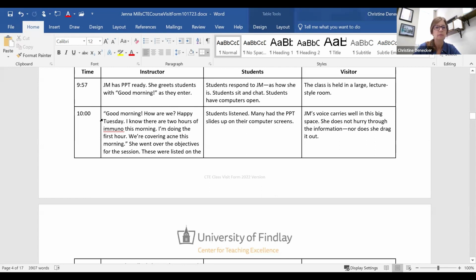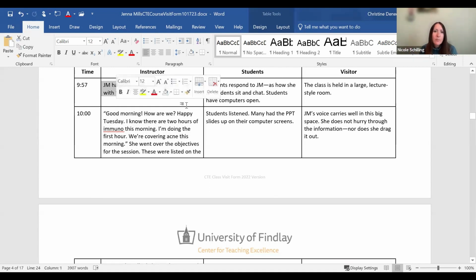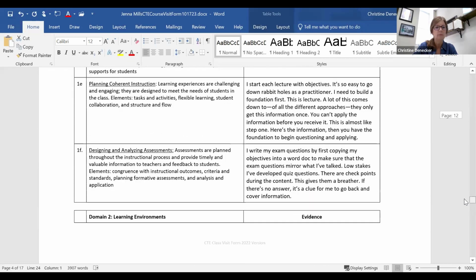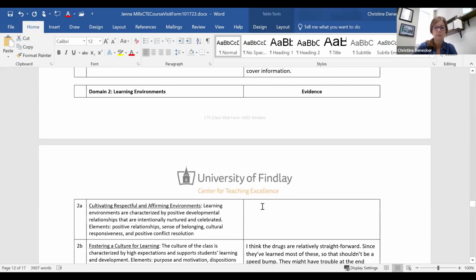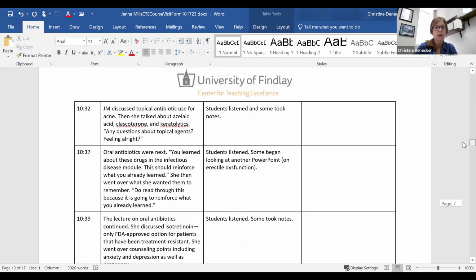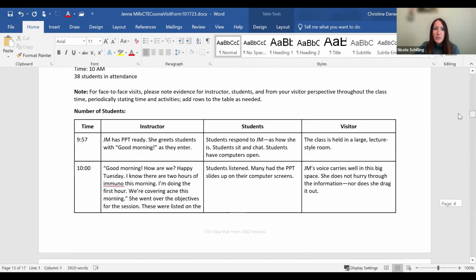Those are both examples of cultivating an affirming, welcoming sense of belonging. Okay, so I'm going to go down to 2A. It seems like a little thing, but it means a lot. It builds positive relationships right at the onset.